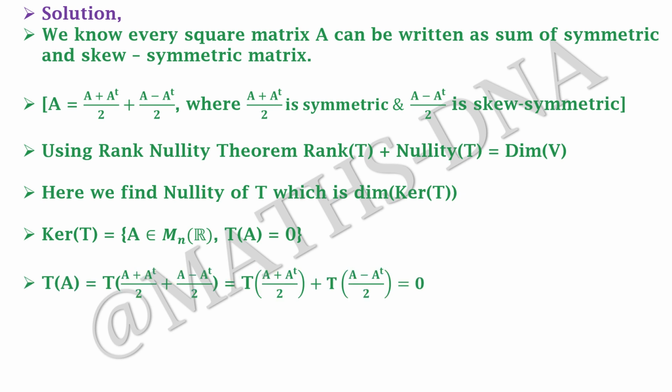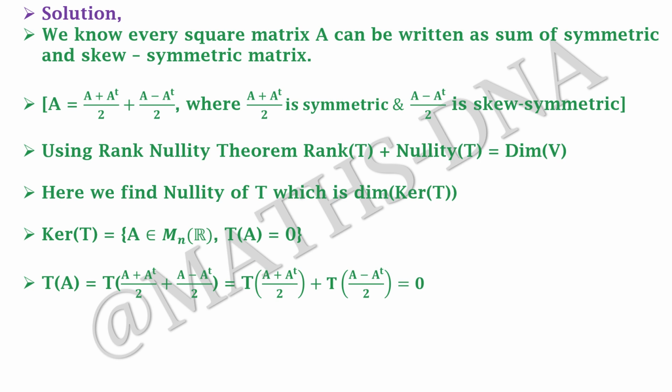Now from the above brackets, T of A is equal to T of (A + Aᵀ)/2 + (A - Aᵀ)/2, that is equal to T of (A + Aᵀ)/2 plus T of (A - Aᵀ)/2, which is equal to 0.